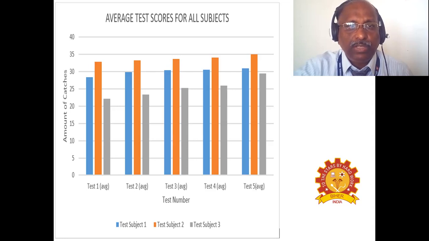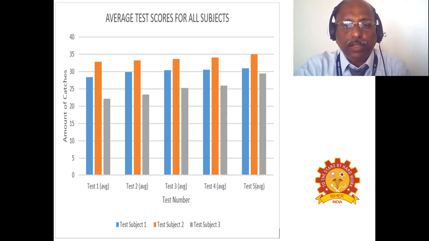Okay, so each graph can be represented with various colors. The bars can have various colors here. So presenting data or source accurately and effectively is necessary when you are making these kinds of bar graphs.